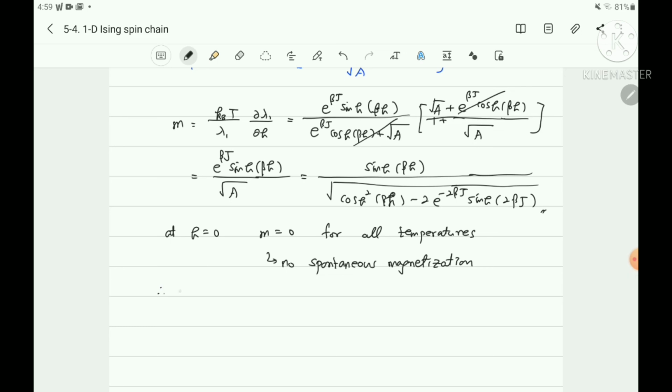Therefore, the one-dimensional Ising spin chain never exhibits magnetic ordering, and there is no magnetic phase transition in a one-dimensional spin system.